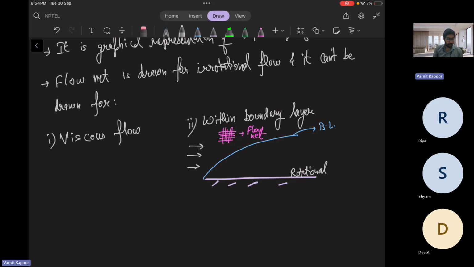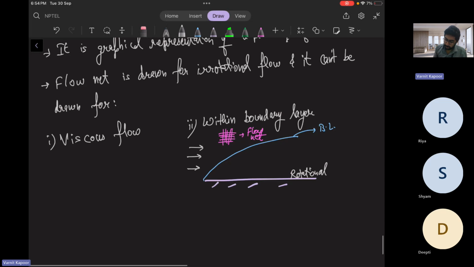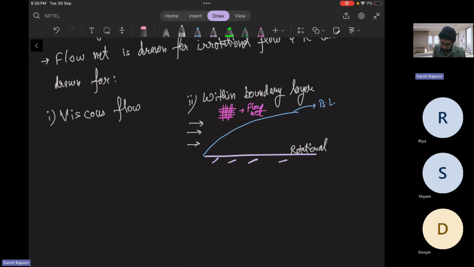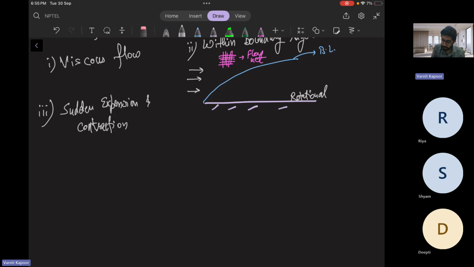Sudden expansion and contraction. So suppose, just a perpendicular scenario here, my flow was flowing like this, but suddenly it expanded.